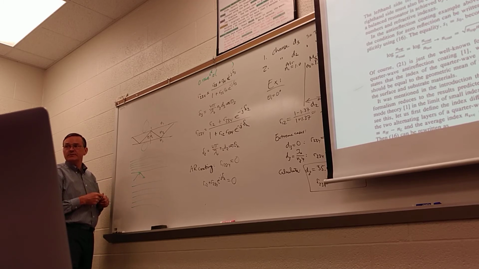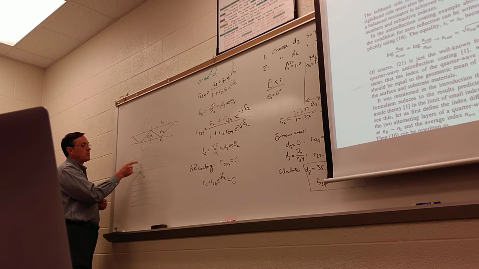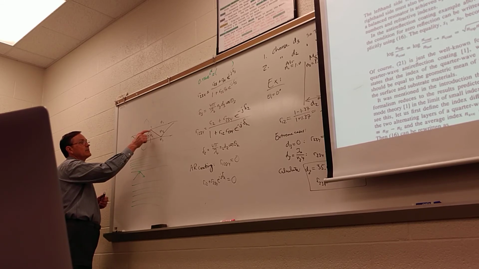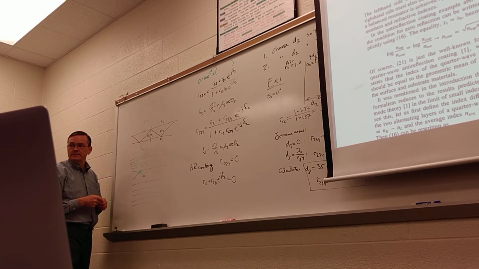You have constructive interference. So now you get high reflectance because of the Bragg mirror properties of the stack instead of high reflectance because of total internal reflection.